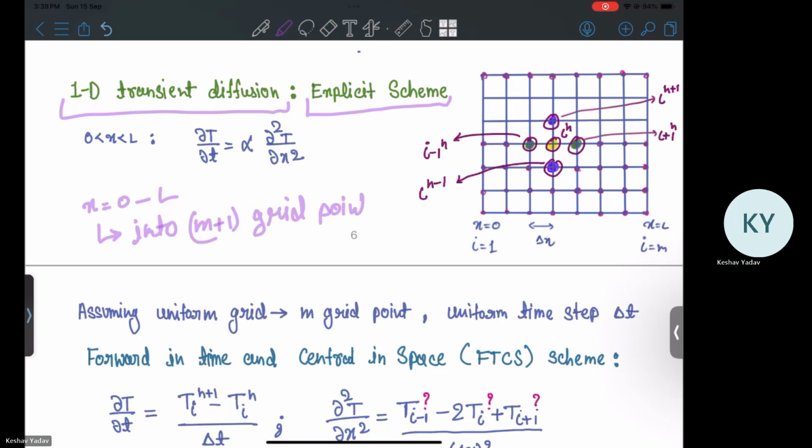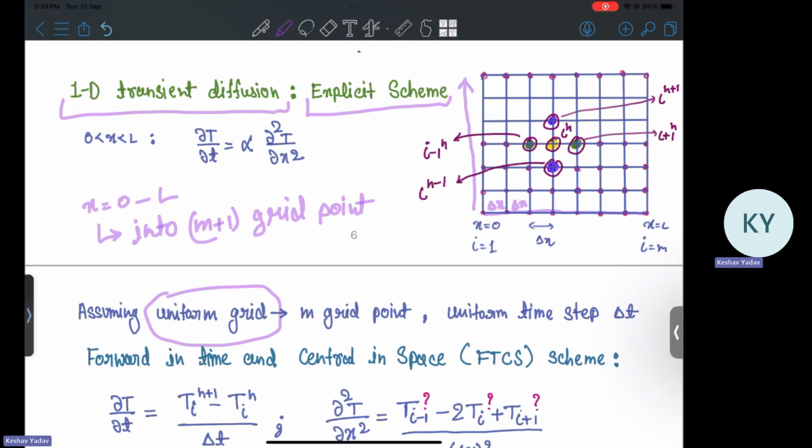Okay. And we are assuming here a uniform grid. Okay. So here also it is delta x, here also it is delta x. So this is my discretization in the x direction. Okay. Similarly, I want to discretize this equation in time. So this is my discretization in time. Okay.